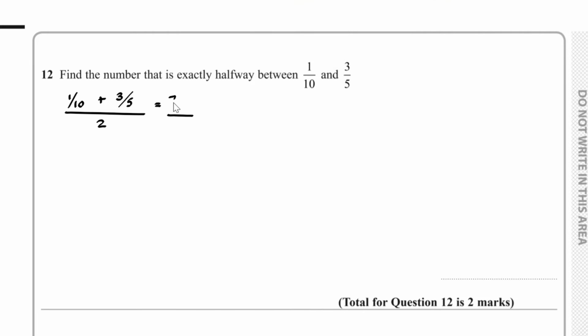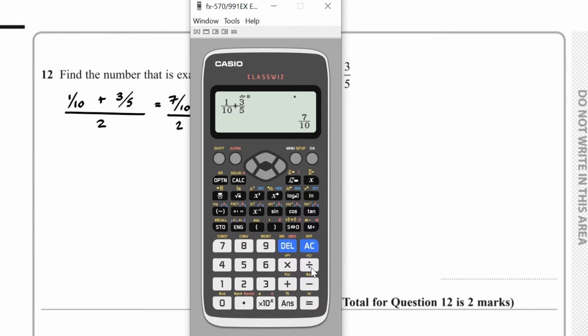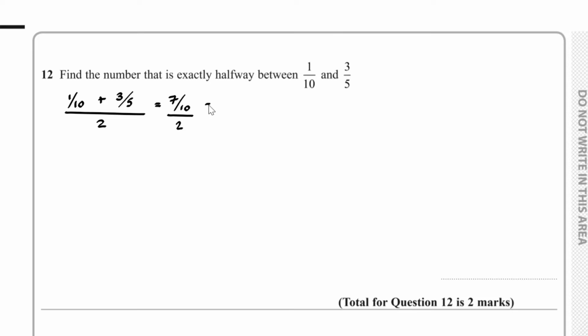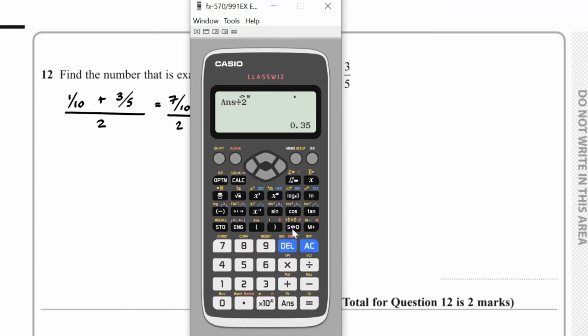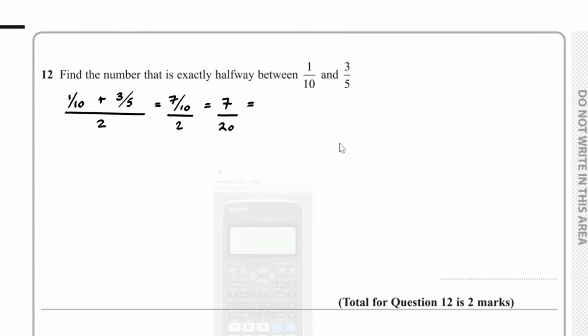So here we have 7/10 divided by 2. If I divide this number by 2, we get 7 over 20, and as a decimal, that's 0.35.